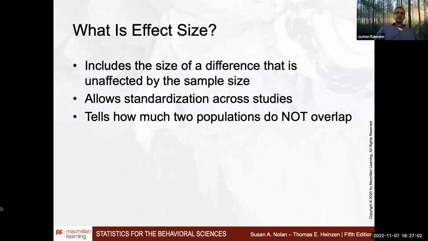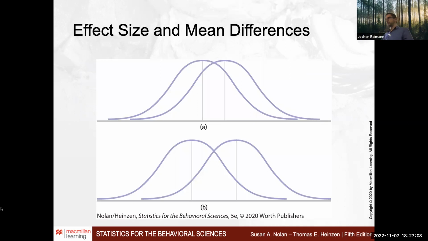Essentially it means to quantify how much two populations do not overlap. So now you have two ways how to do that. One, the quantification here is really that you have differences between two groups. So you have here two identical populations, and there's a difference.